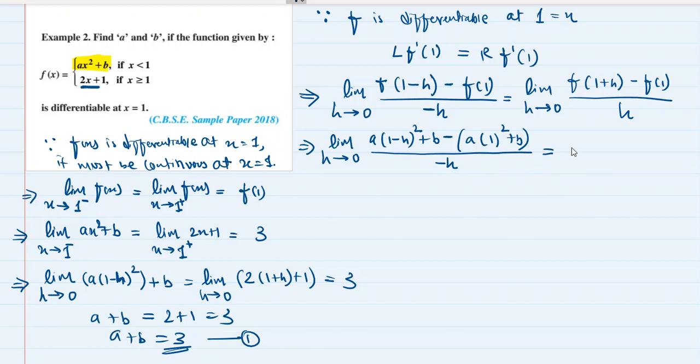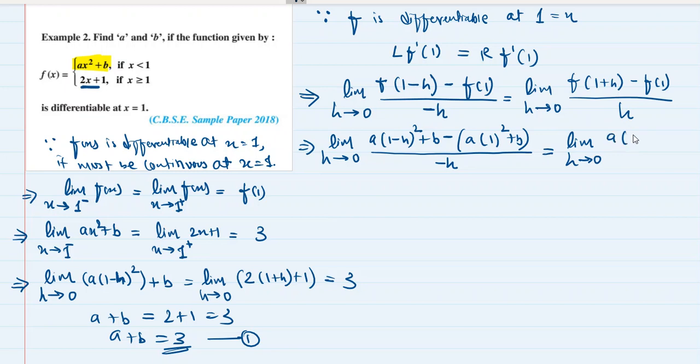And this will be equal to the limit when h tends to 0 of f of 1 plus h. Wherever there is x, we have to put 1 plus h.